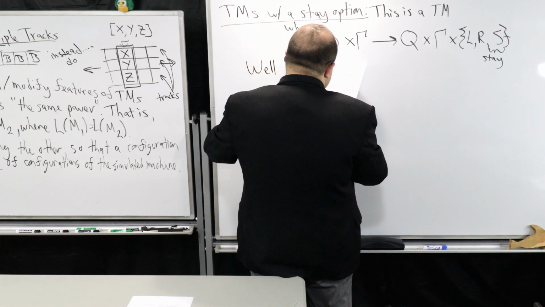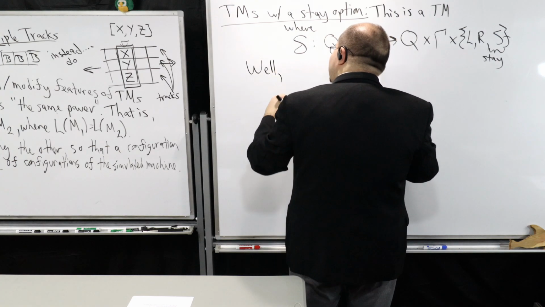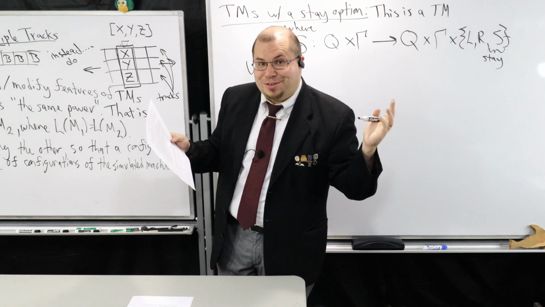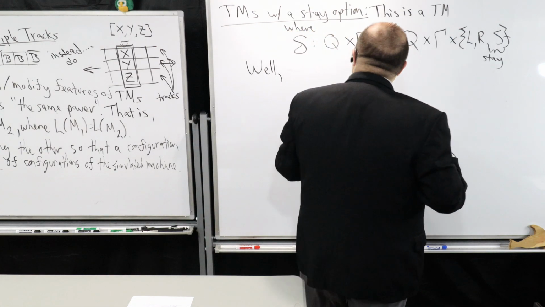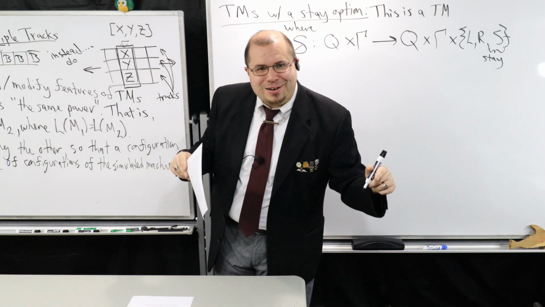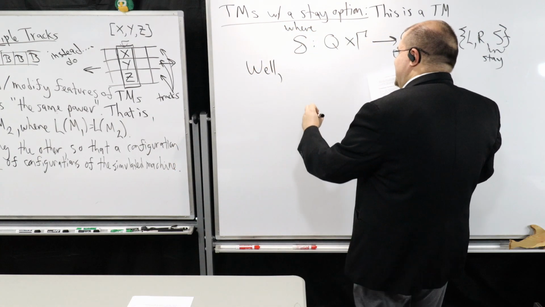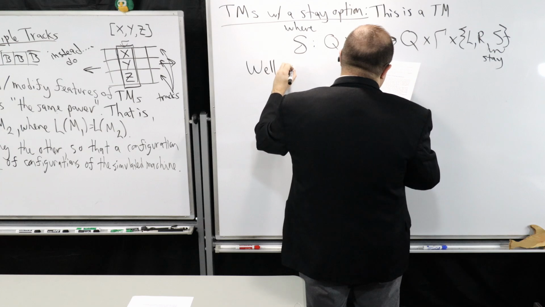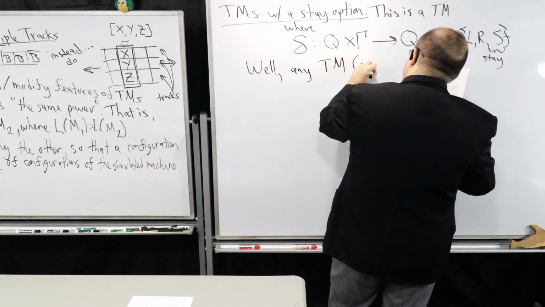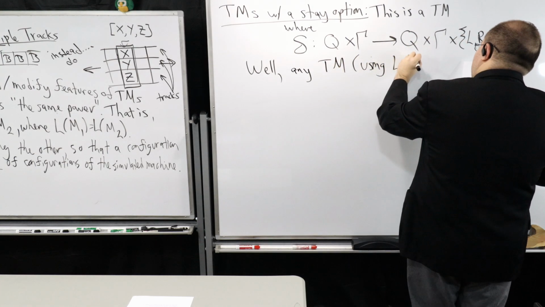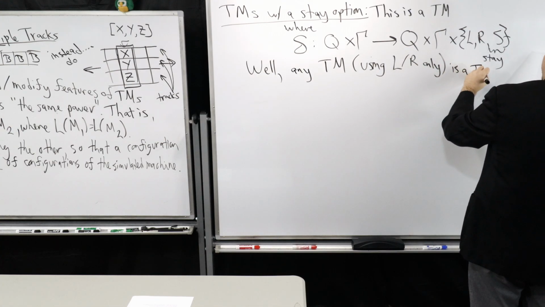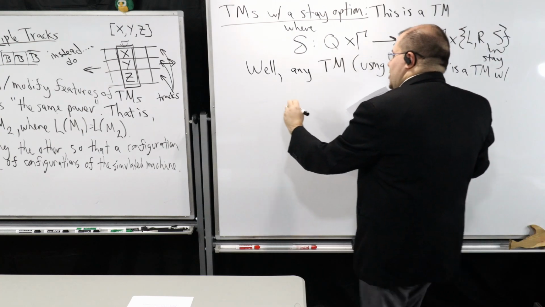Well, you would agree with me that any Turing machine most certainly is a Turing machine with the stay option, right? We just don't use it. So the question is, how do I take a Turing machine that does make use of these stay options? How do I turn that into a Turing machine without the stay option? That's really the question that we have. So I'm going to say, well, any Turing machine using left or right only is a Turing machine with a stay option.